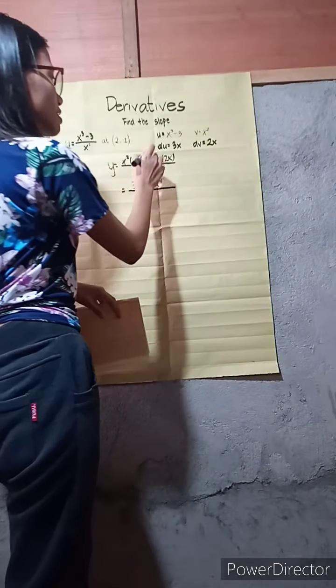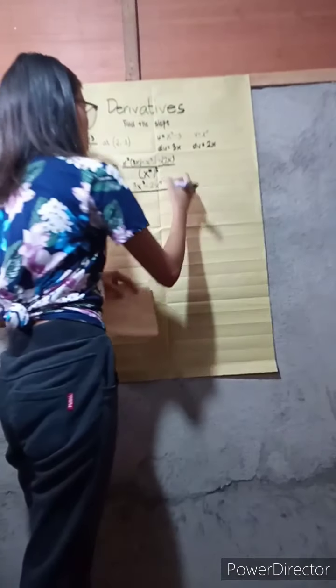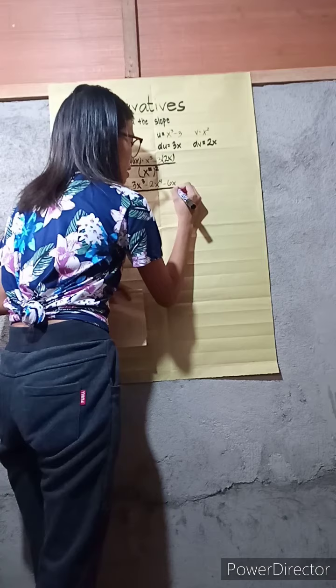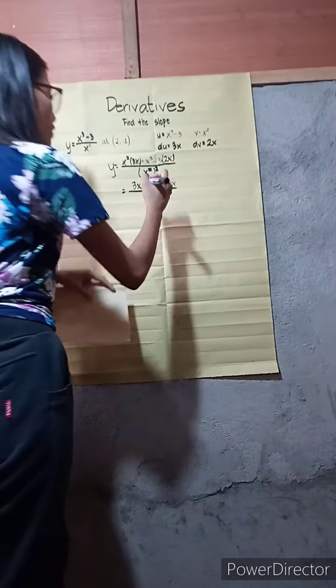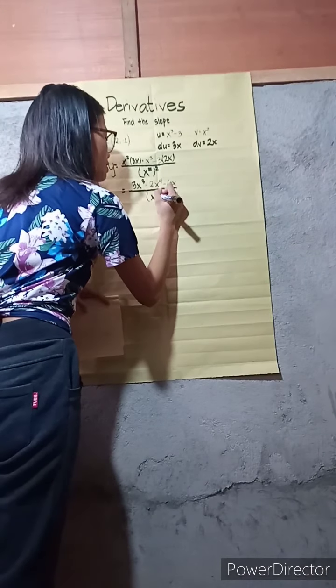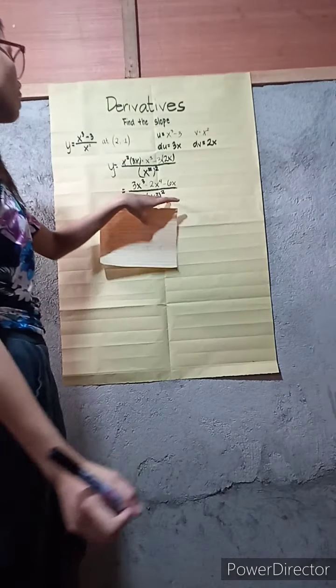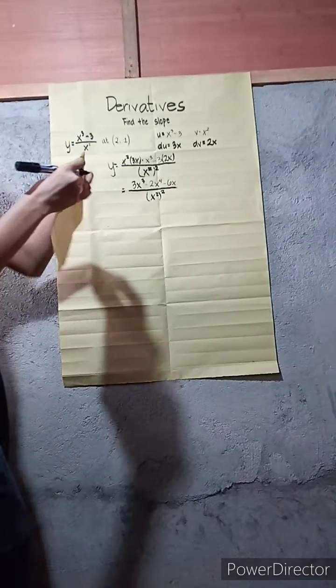Then 2x times negative 3 equals negative 6x or plus 6x. Then over x squared raised to the power of 2 still.